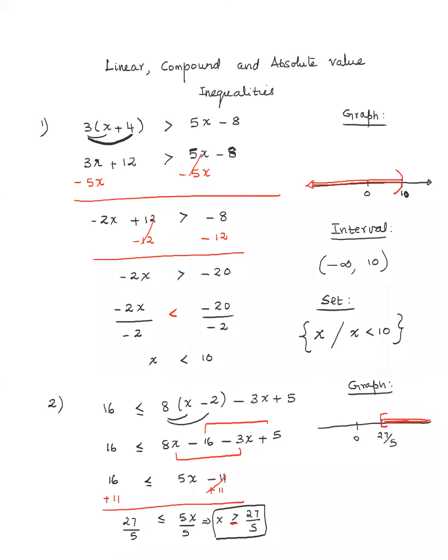And then the interval notation is going to be all the numbers greater than or equal to, so you have to put the closed bracket. And the set is the set of all x such that x is greater than or equal to 27/5.